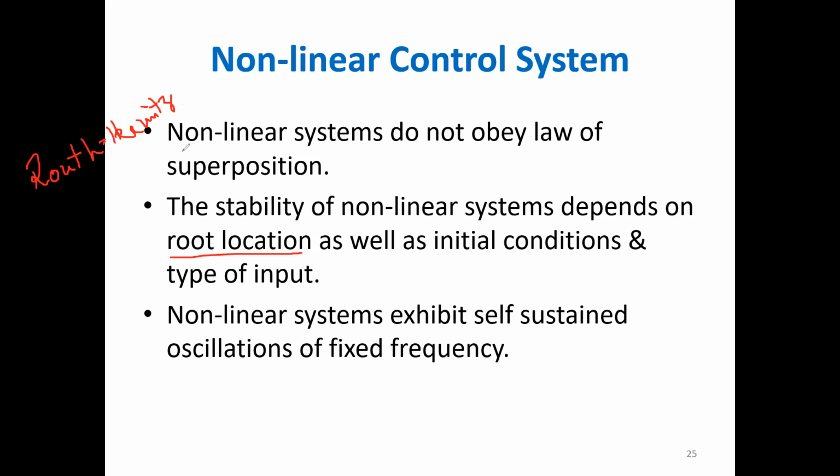Since it is linear or nonlinear systems, nonlinear systems exhibit self-sustained oscillations of fixed frequency.